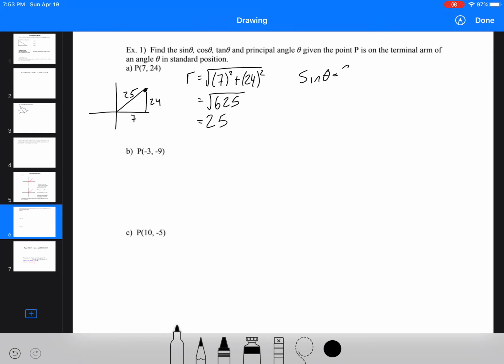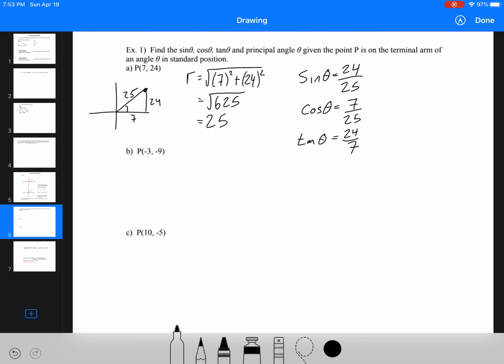So then, we can write our 25 in if we want to. Sine is going to be 24 over 25. Cos is going to be 7 over 25. And tan is going to be 24 over 7.